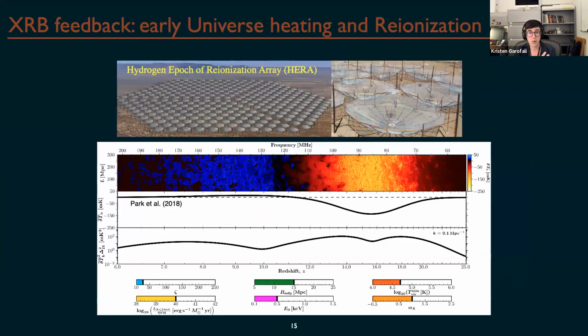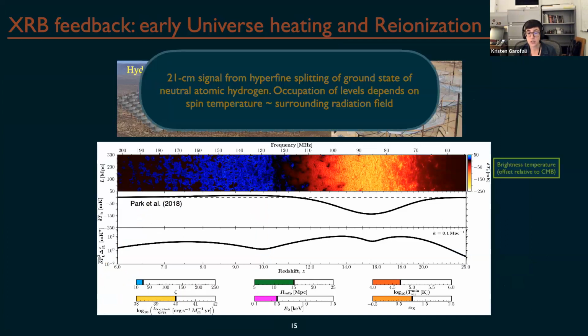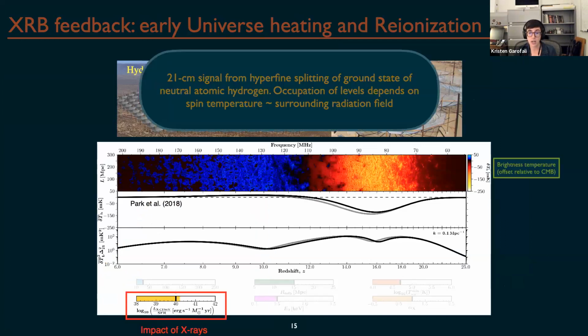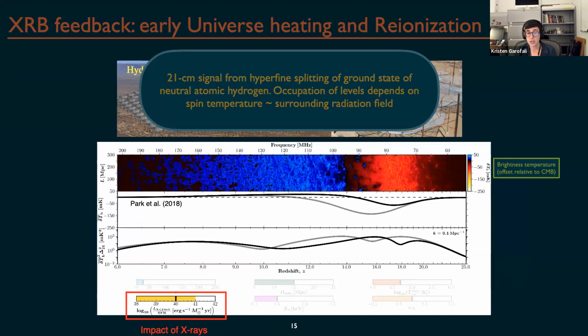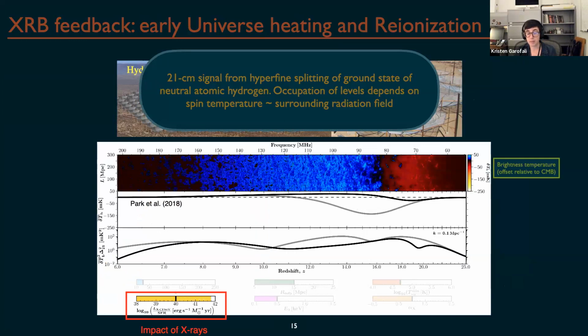For the sake of time, I will skip this, only to say that HERA will be capable of having this indirect probe on X-ray binary feedback at very early times, redshifts greater than 10. And depending on the strength of your X-ray binary component, you see a very different thermal and ionization history for the universe.